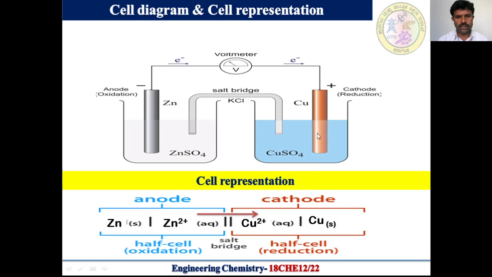The copper 2 plus and copper are separated by a boundary line. So I will repeat: the cell representation can be done by writing the anode at left side and the cathode at right side of the anode, and these two are connected through a salt bridge.